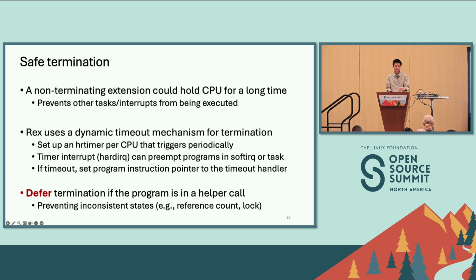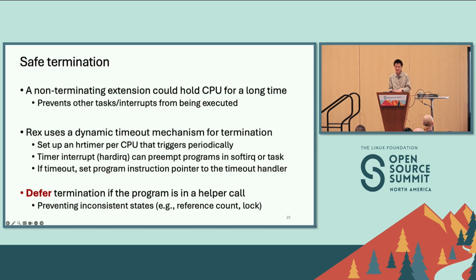And the last safety property I want to talk about is safe termination. It's important because a non-terminating extension could hold the CPU for a long time, preventing other tasks or interrupts from being executed. In Rex, we use a dynamic timeout mechanism for termination support, where we set up a high-resolution timer on each CPU that triggers periodically.